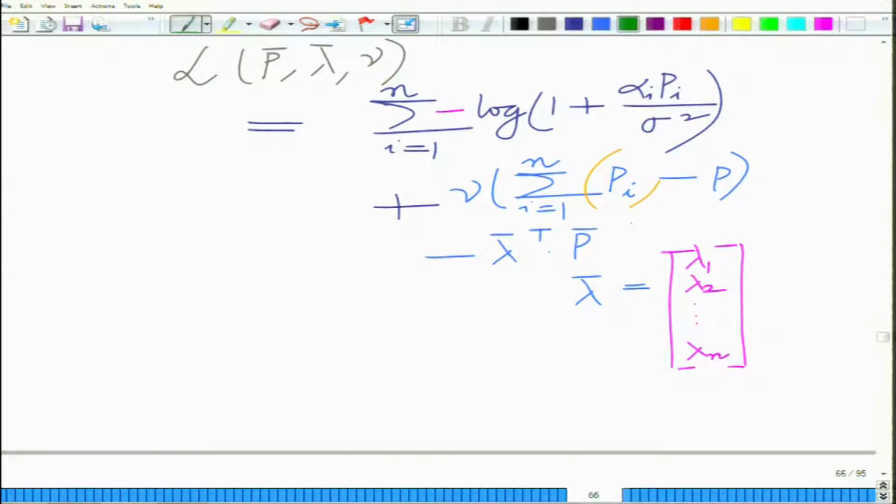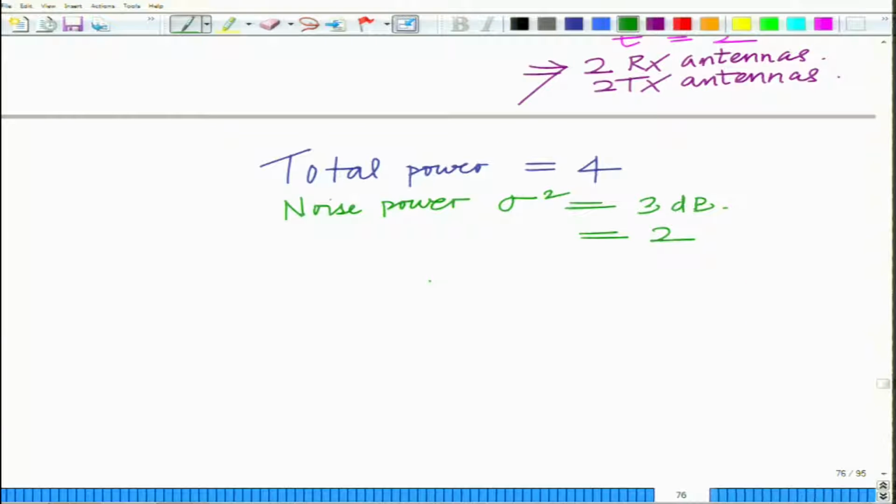Actually, let us start with a brief description of the MIMO system. Let us consider first the MIMO channel.